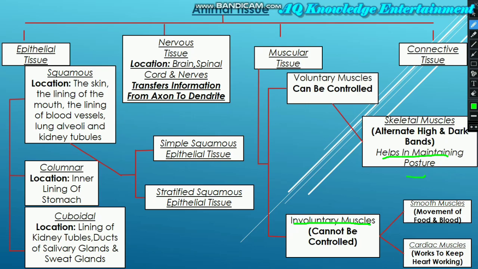Let me tell you first about the smooth muscles. The movement of food in the alimentary canal and the contraction and relaxation of the blood vessels are involuntary movements, meaning the movements which cannot be controlled by us, right? So we cannot really start them or stop them simply by wanting to do so.